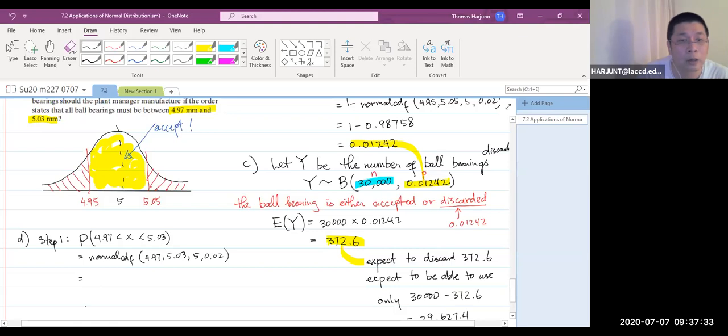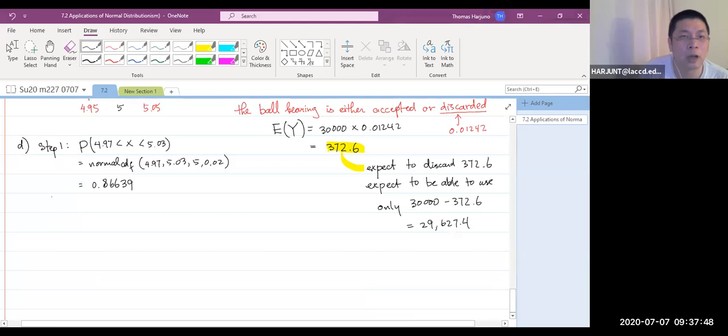I get the portion will be 0.86639. This is the portion that will be accepted.